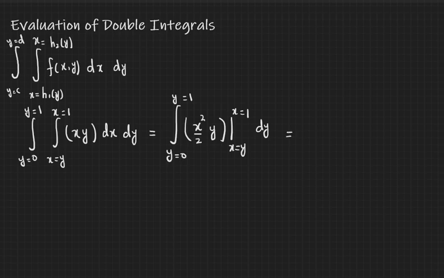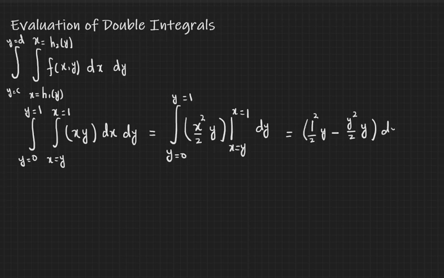Now applying the limits of integration, that would be value of x is equals to 1, so that would be 1 square divided by 2 times y, minus x is equals to y, so that should be y square divided by 2 times y.